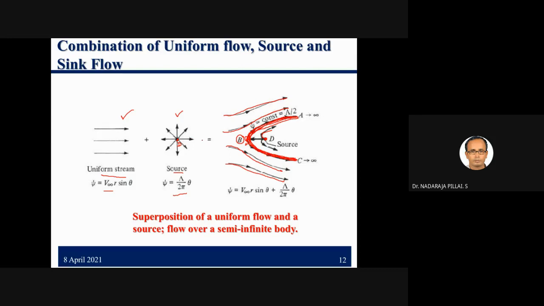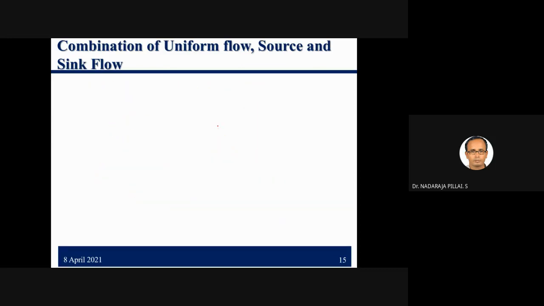Now in the same case, if I add a sink, so this is a uniform flow and I add this with a source flow.